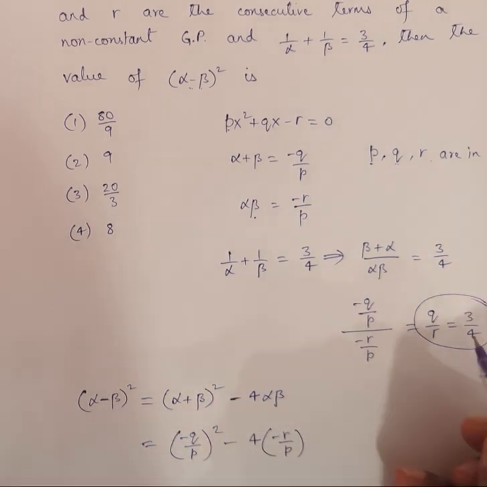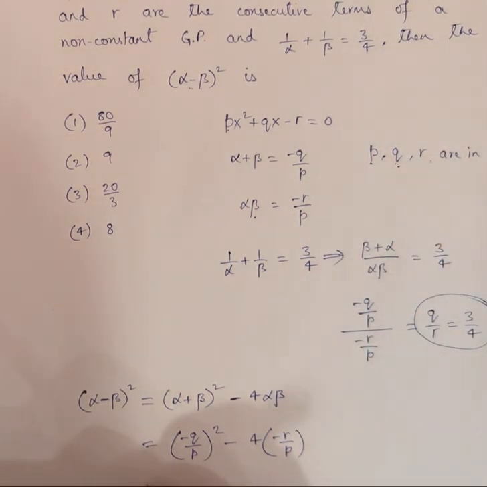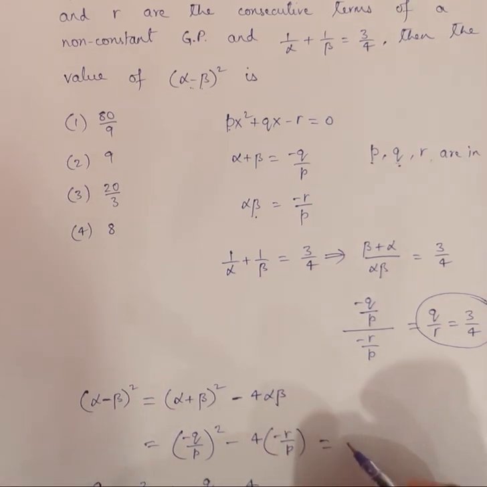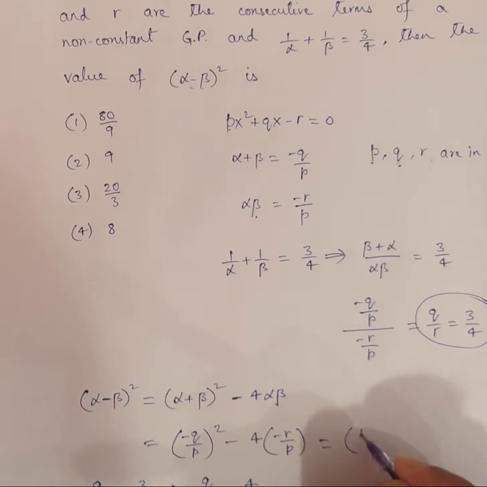Now notice, if q over r is 3 over 4, then q over p will be 4 over 3. So I can write this expression as (4/3) squared, and negative times negative is positive, plus 4 times r over p.